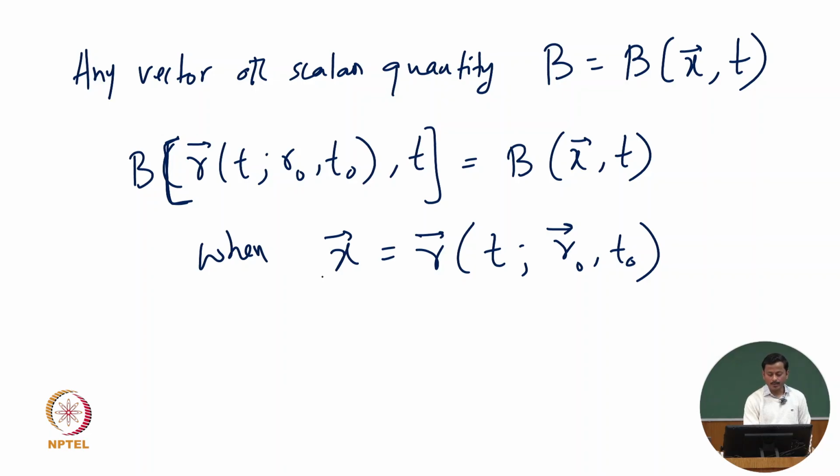So if x, this spatial coordinate, is the same as this spatial coordinate r, then regardless of whether you are doing a Lagrangian measurement or an Eulerian measurement, both of these variables should be the same.